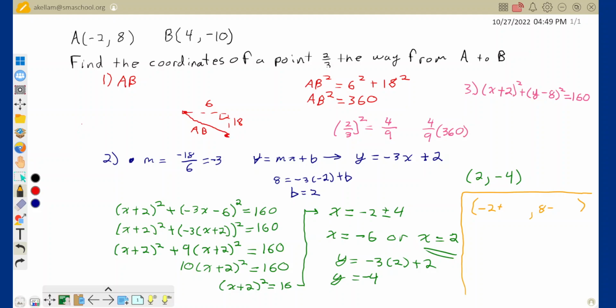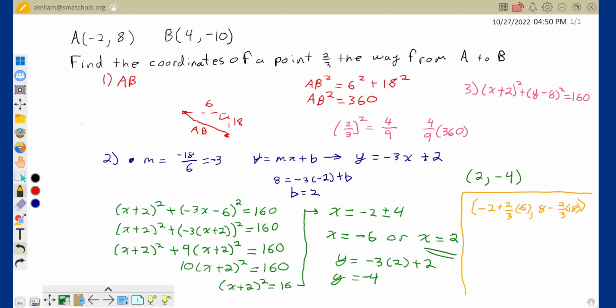Then I need my horizontal distance. Actually, let's do the fraction first. Then I'm going to put 2/3, and since 2/3 is my commonality here, it goes in both. And then I need the horizontal and the vertical distance. So my horizontal distance is 6. My vertical distance is 18. And then we go ahead and do our combination here.